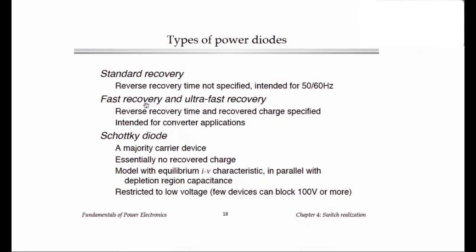So fast recovery diodes might have reverse recovery times between 100 nanoseconds and a microsecond, or ultra fast might be 100 nanoseconds or below. And nowadays we can get 600 volt PN junction rectifiers with recovery times as low as 25 or 35 nanoseconds.